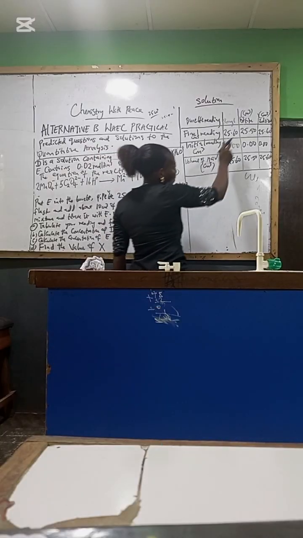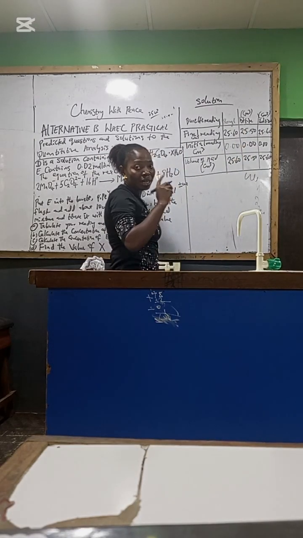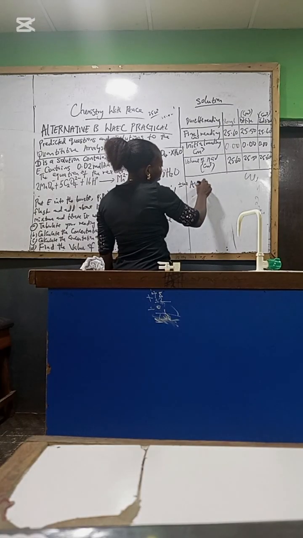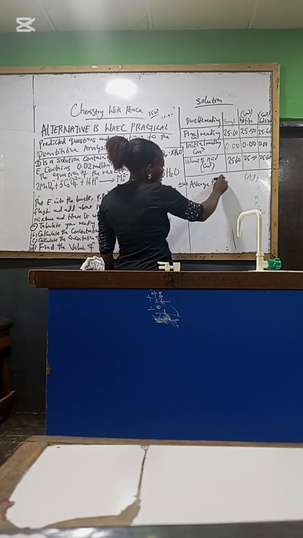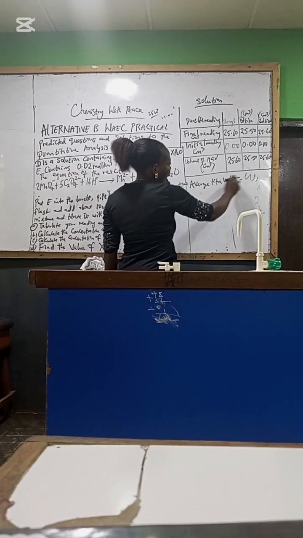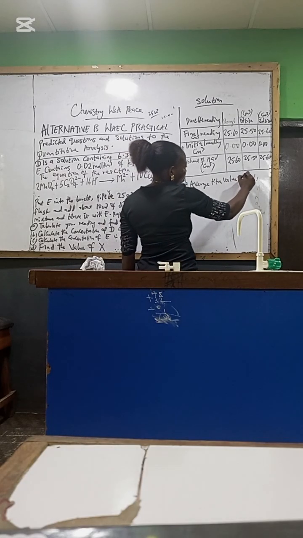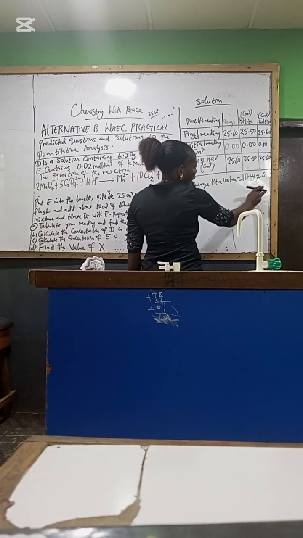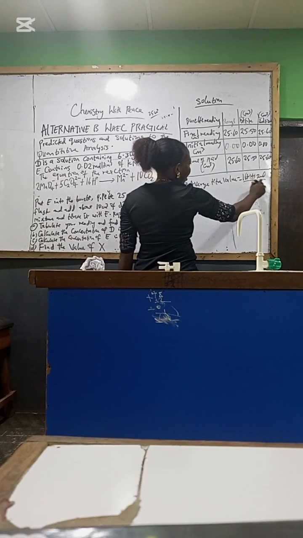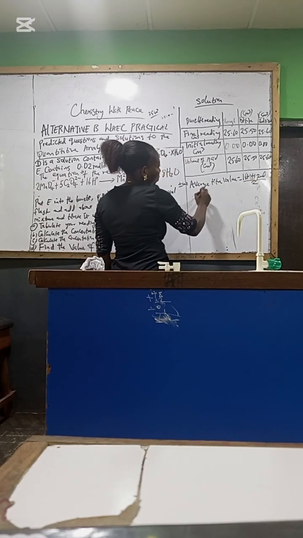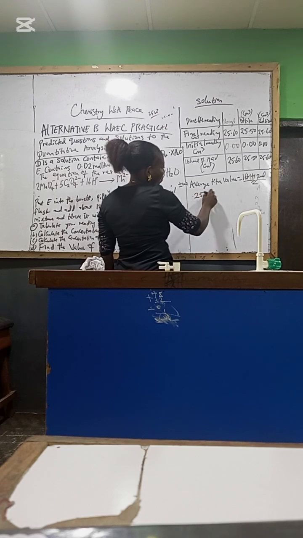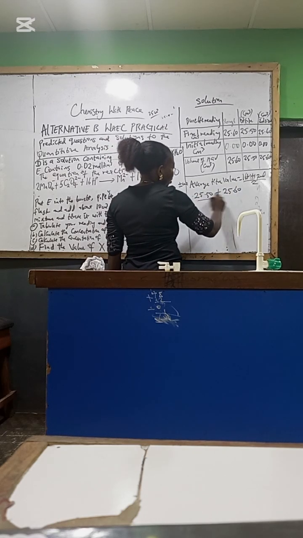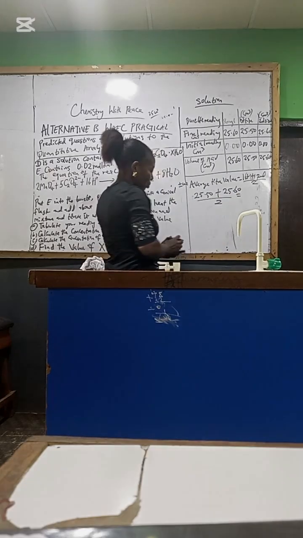Now I'm going to use the first and the second titre value to get my average titre value. Average titre value is equal to first plus second divided by 2. So I'm going to have 25.50 plus 25.60 divided by 2.